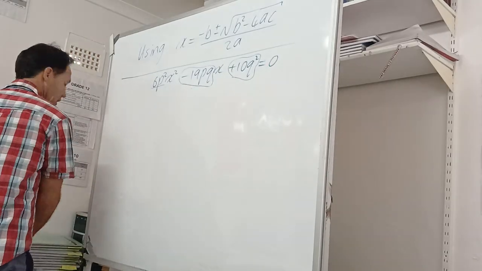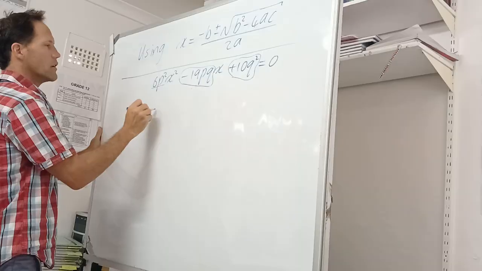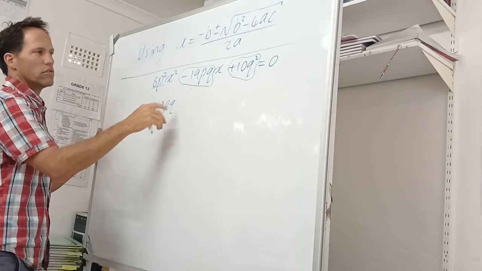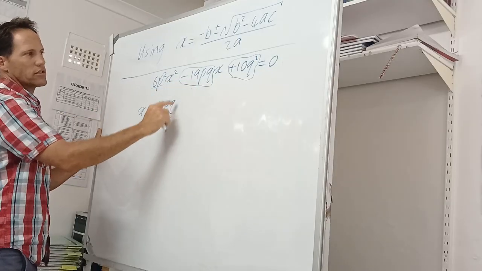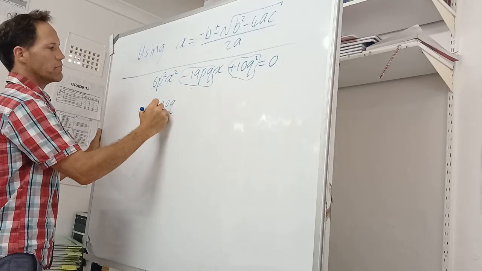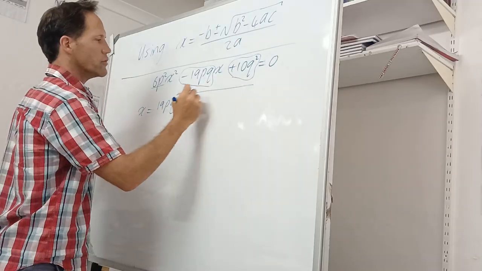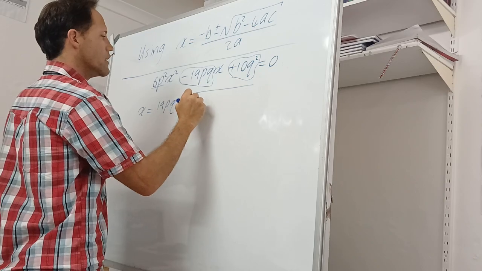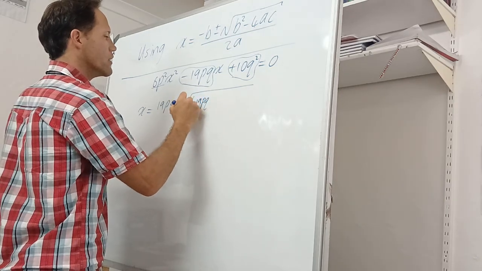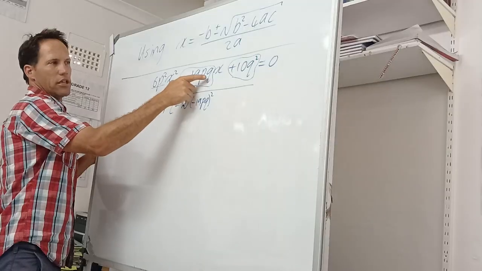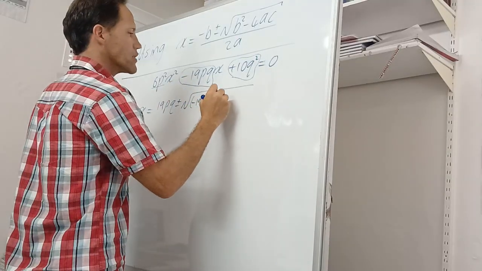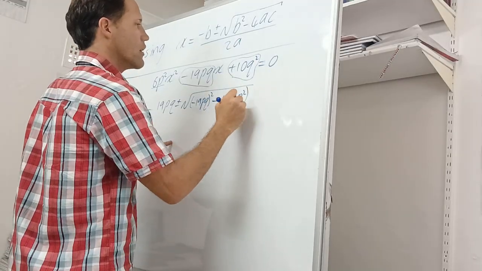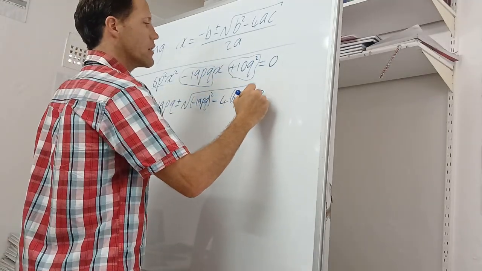Then we can say x equal to negative b, so it's going to be 19pq is b, okay, because it's negative and a negative gives you a positive 19pq, plus minus square root of, this is going to be long, b negative 19pq, okay, squared, b squared minus 4a, 6b squared, times c, 10q squared.